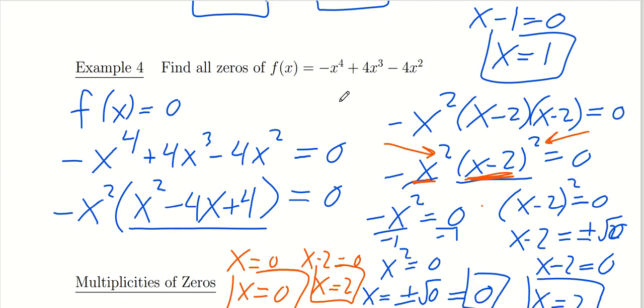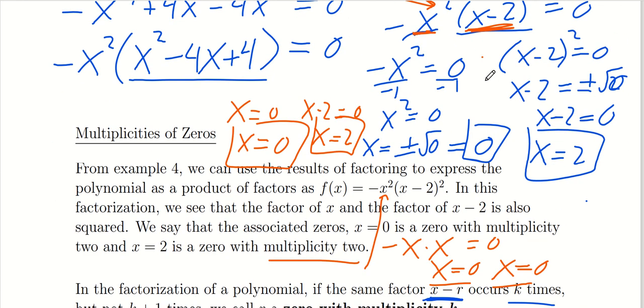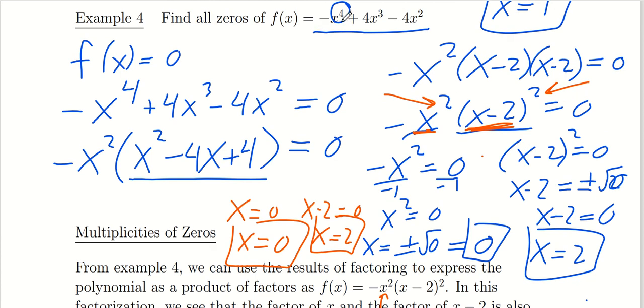Another reason why this is important is the fundamental theorem of algebra, which we talked about. It says that any polynomial of degree n has exactly n zeros, or n solutions, in the set of complex numbers. So if we look at our starting polynomial, this was a polynomial of degree 4. If somebody says the zeros of this polynomial are 0 and 2, how do we reconcile that with the fact that we should have 4 solutions?